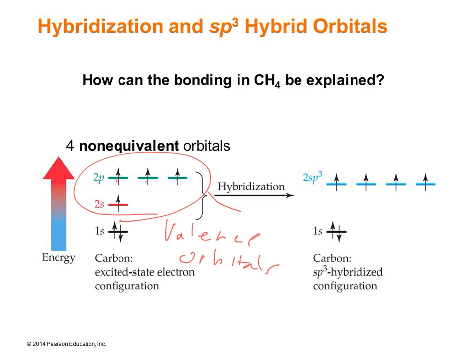Then it has hybridized the energy of the 4 orbitals to form 4 new orbitals, all of equal energy. We refer to these new orbitals as sp3 hybridized orbitals, or sp3 hybrid orbitals. Why? Because we used 1 s orbital and 3 p orbitals to make it up.